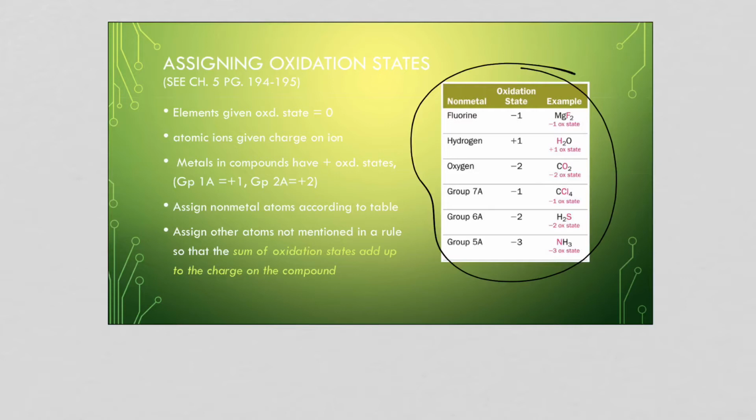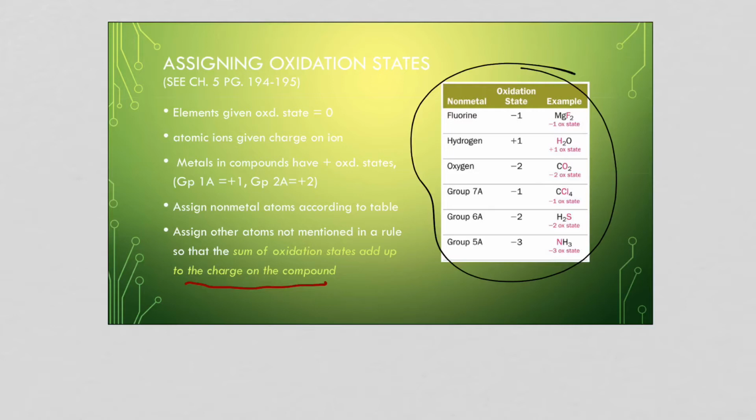That brings up the last rule: for anything we don't have a rule for, or if we have competing rules, the oxidation states of all the atoms within the compound have to sum up to the charge on the compound. If this is a neutral compound like water or carbon dioxide, then all the oxidation states have to add up to 0. If it was a polyatomic ion, then all the oxidation states would have to add up to the charge on that polyatomic ion.